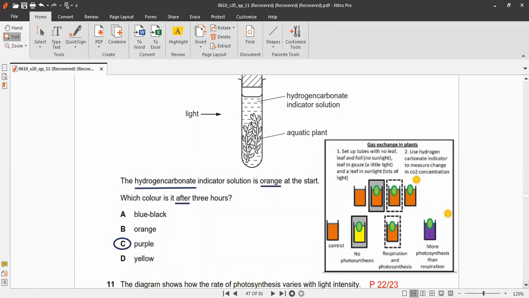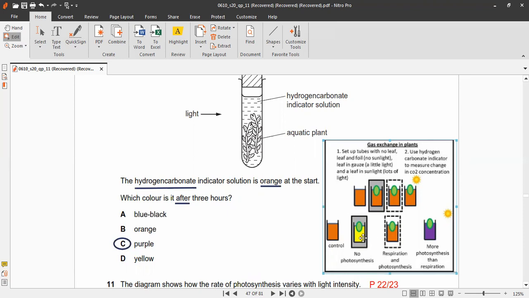Let's see the experiment. Set up tubes with no leaf, with foil and no sunlight, with little light, and in sunlight with lots of light, and use hydrogen carbonate indicator to measure change in carbon dioxide concentration. So the control has no change, still orange.